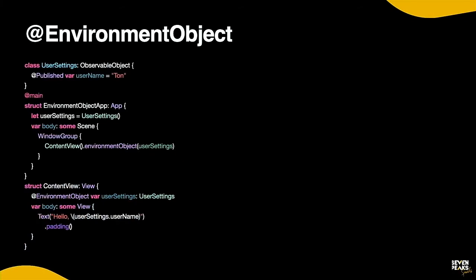We create a UserSetting class with the ObservableObject protocol to use Published, and we create an instance at the app flow level. Use environmentObject to pass it elsewhere. And when we want to get or edit user settings, we just define an environment object in the view that you want.